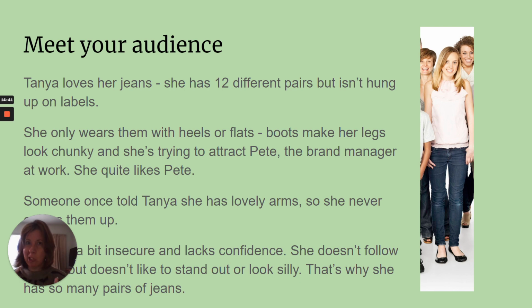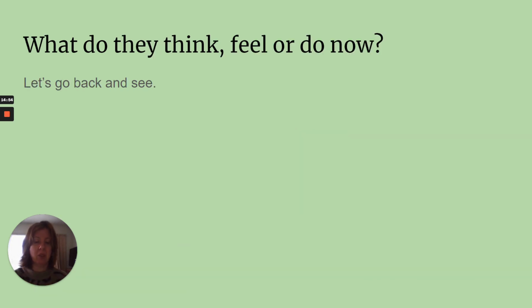You know, she's quite risk averse. She doesn't want to stand out. She's not a trendsetter. She's a trend follower. What other things can you pull out from that? And then you just sum them up and you talk about what Tanya currently thinks, what she currently feels and what she currently does when it comes to buying jeans. Yeah.